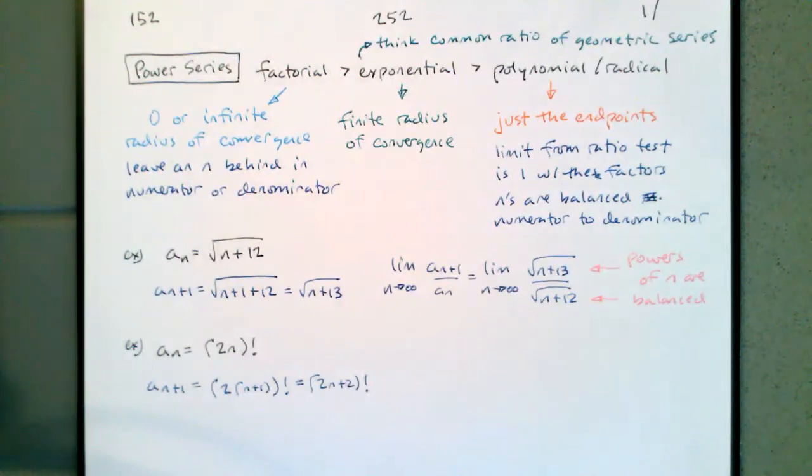So now, in the limit from the ratio test, the n's will be out of balance numerator to denominator. So we don't get the limit of 1.